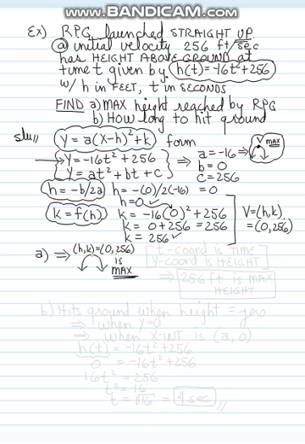And the x-coordinate in this example represents time, and h of t, which is the y-coordinate, represents the height. That means that the y-coordinate is the height, and the t-coordinate is the time.